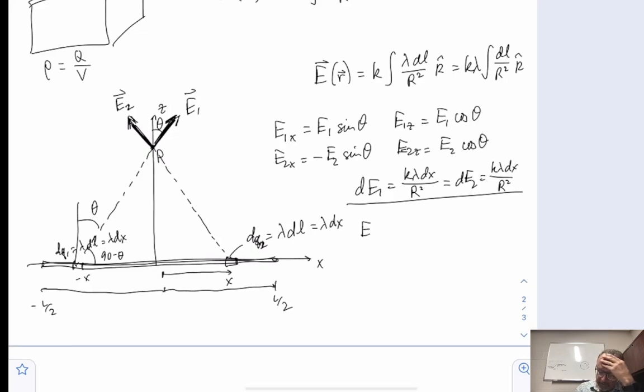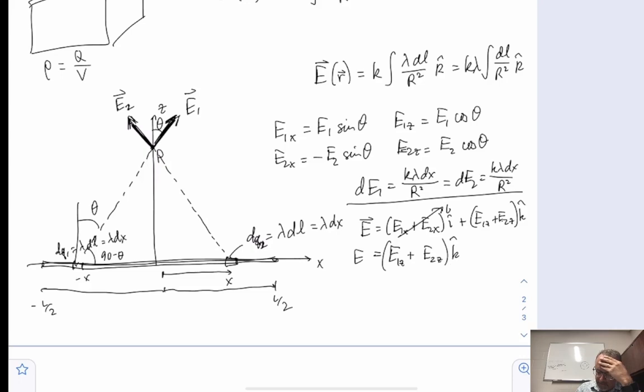So the electric field would be E1x plus E2x i hat plus E1z plus E2z k hat, and the x part is going to go to 0. And so what I have is that the electric field is going to be E1z plus E2z k hat.